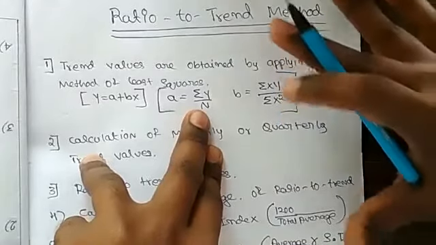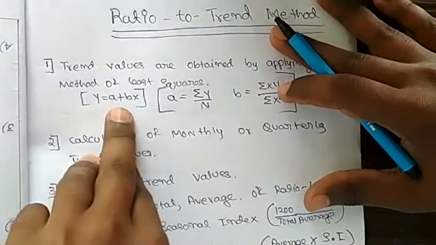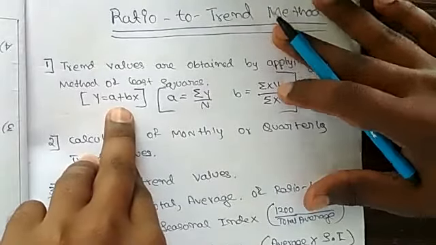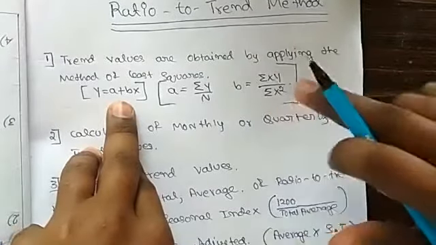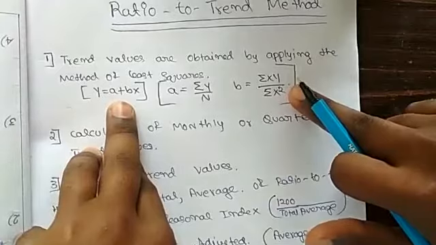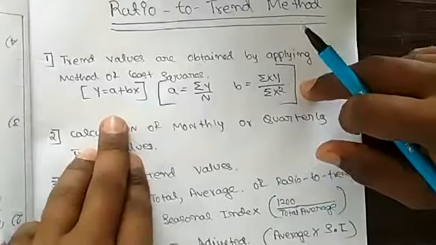So first find the required details, then use this equation to find trend values. So the first step under the ratio to trend method is to find trend values using the least square method.